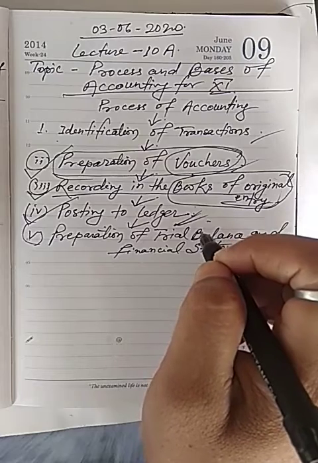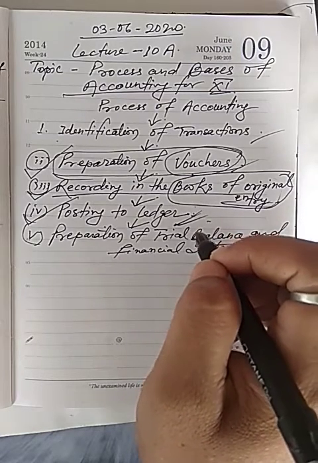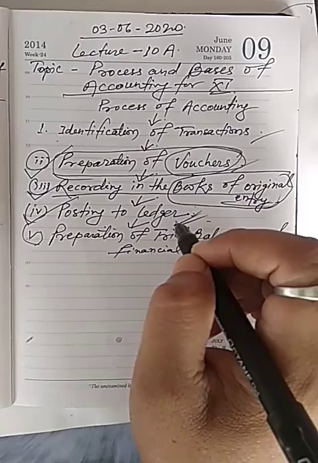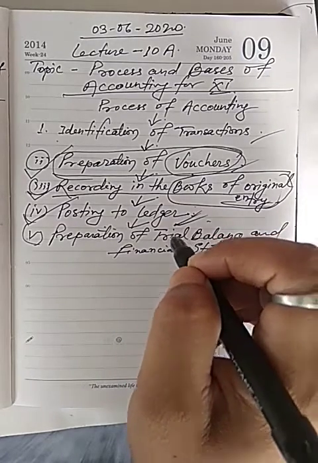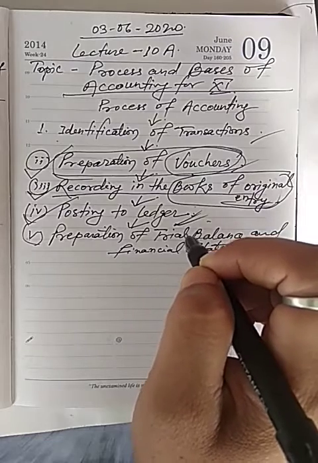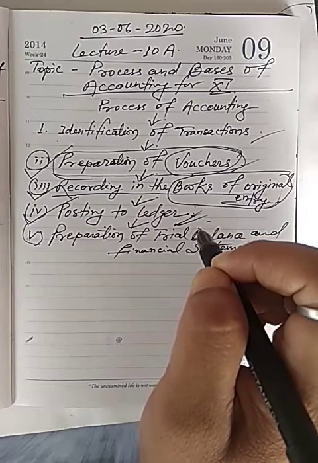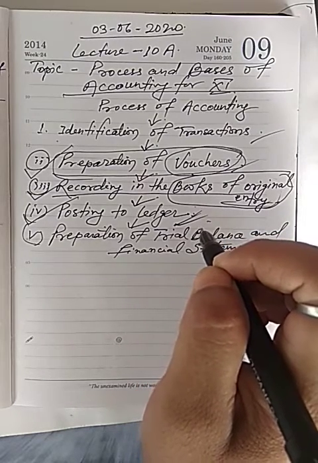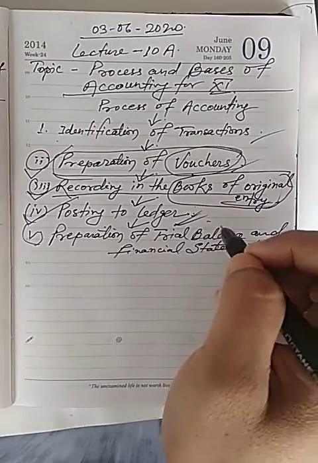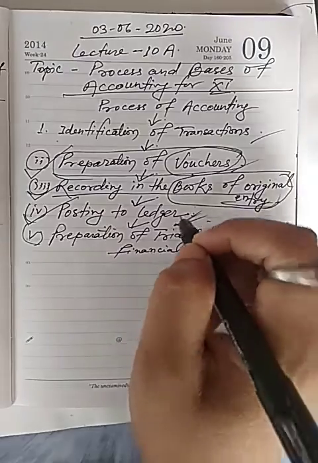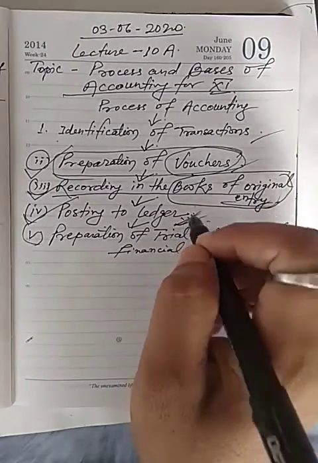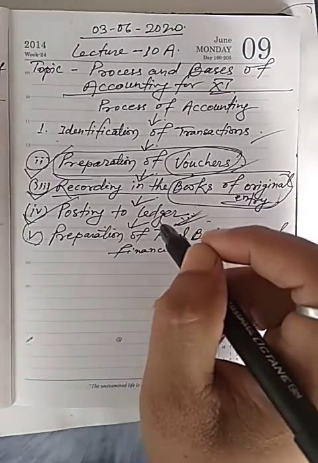Thus, in a ledger, separate accounts are opened in the name of each person, whether customer or supplier. Likewise, separate accounts are opened for assets, liability, purchase, sale, etc.